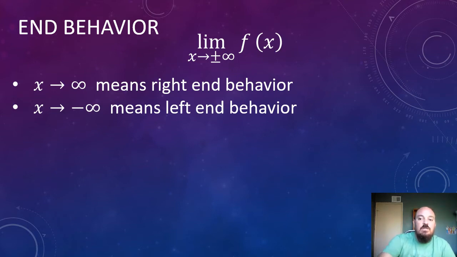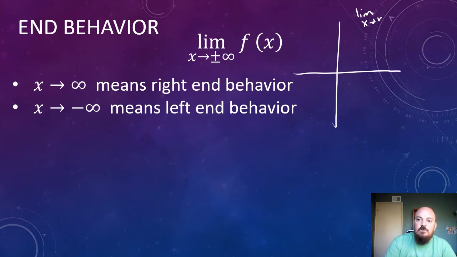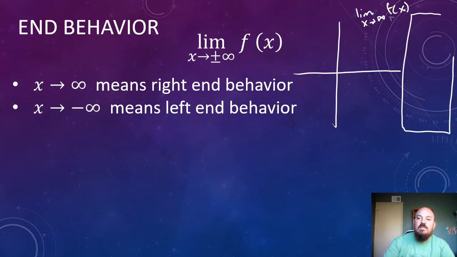Now, of those three things, let me draw a little sketch here. So let's say we're graphing some function f of x right here. And we'll say we're doing the limit as x approaches positive infinity of f of x. So what we're actually describing in this situation is what's happening to the graph way over here.